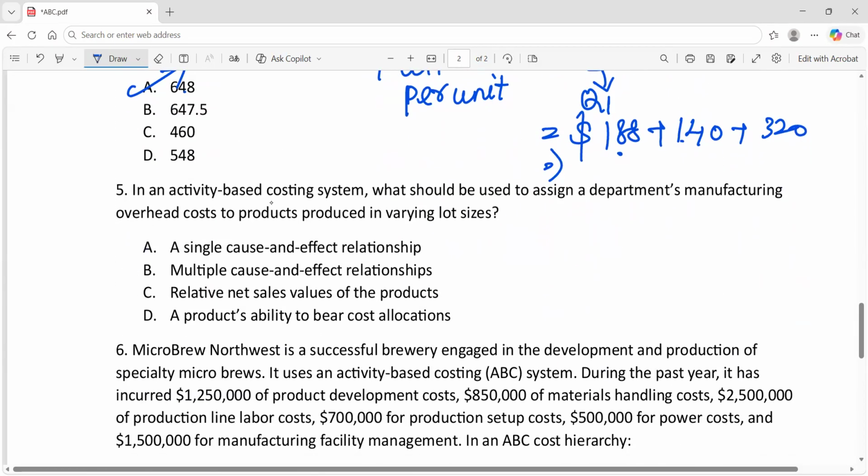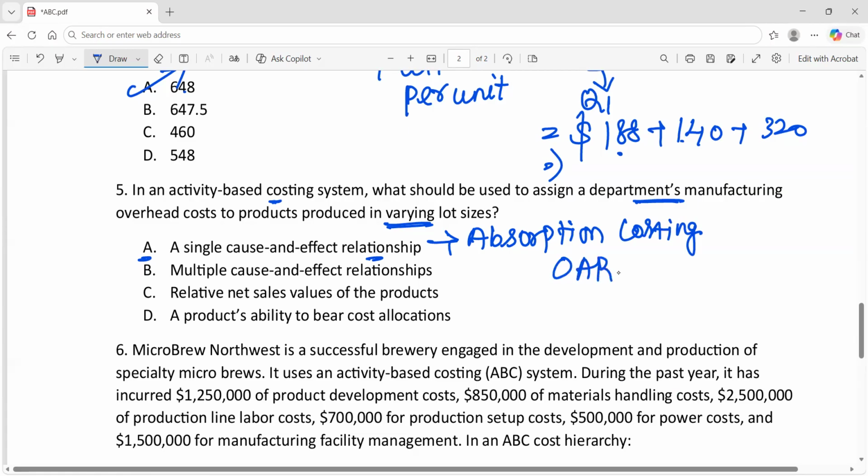Question number 5. In an activity-based costing system, what should be used to assign a department's manufacturing overhead cost to products produced in varying lot sizes? Option A says single cause and effect relationship. See, the single cause and effect relationship is there in absorption costing. So in absorption costing, how do we absorb the overhead?